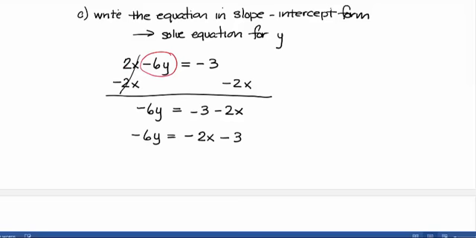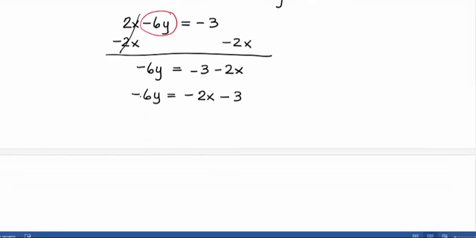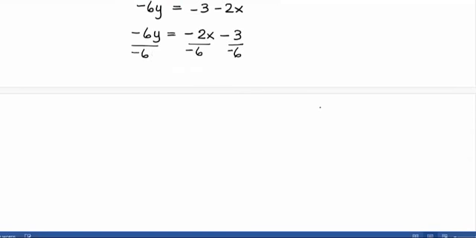Now what do I need to do to get y by itself? Well, I'm multiplying by negative 6, so I need to divide everything through by negative 6. Now these cancel to 1, so I simply get y equals negative 2 over negative 6, which is just 1/3, x, and then negative 3 divided by negative 6 is plus 1/2.